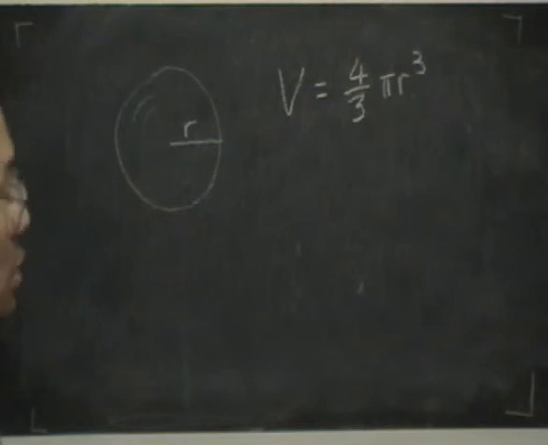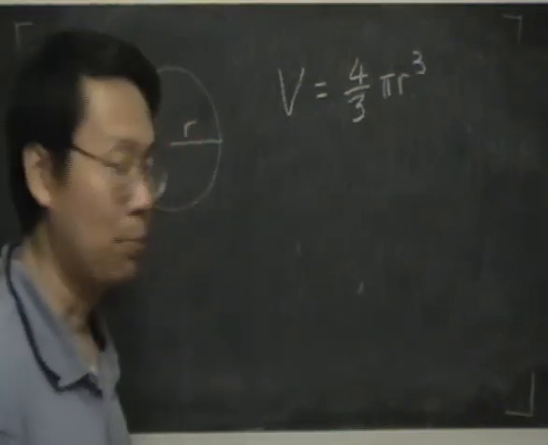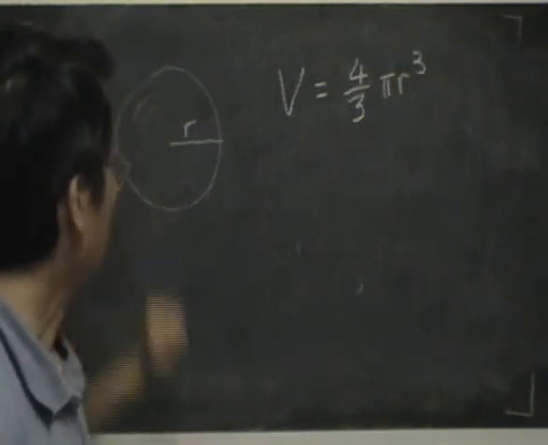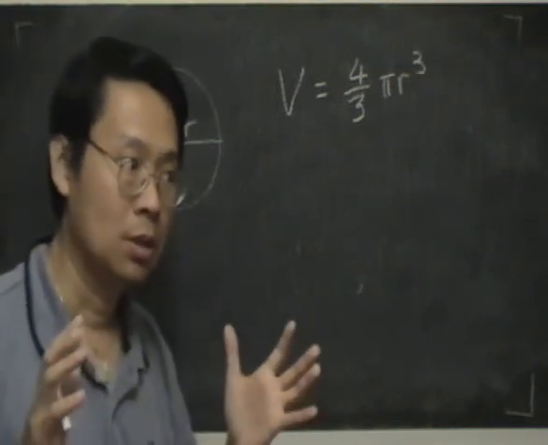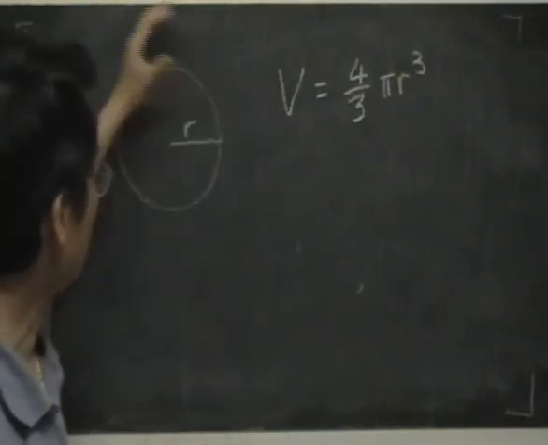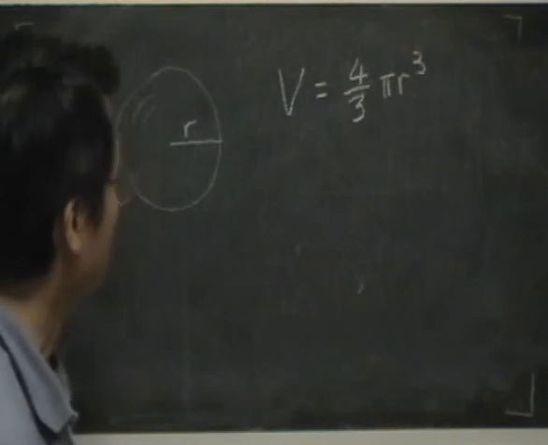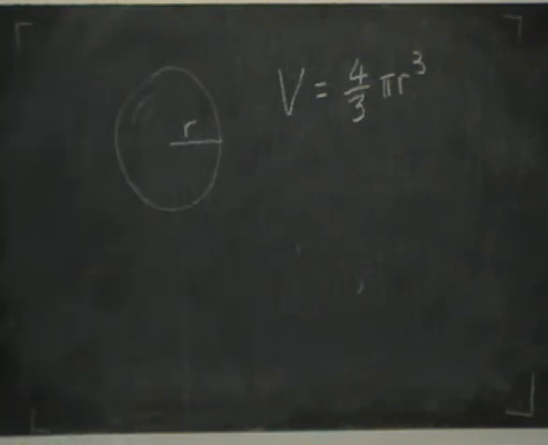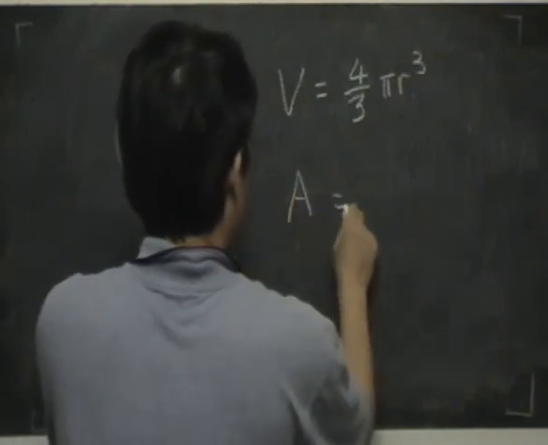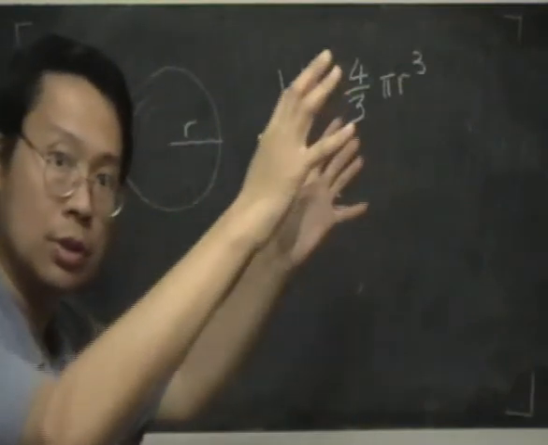Now, apart from the volume, another important formula for the sphere is the area on the surface of the sphere. Okay? Now, I'll just call this A. So that's the surface area.